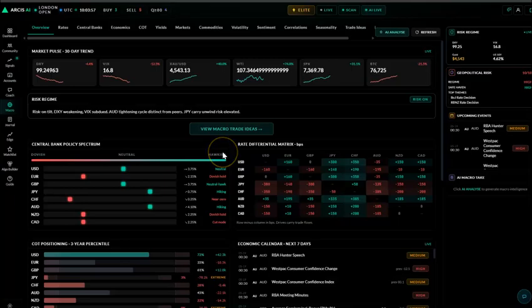So this is basically what big macro traders look at, banks, forecasters. This is the kind of data they're looking at on the back end to predict the future of price or assets 3, 4, 5, 6, 12 months in the future. Look for turning points in the market. A lot of traders don't even look at this kind of data because it comes across as too complicated.